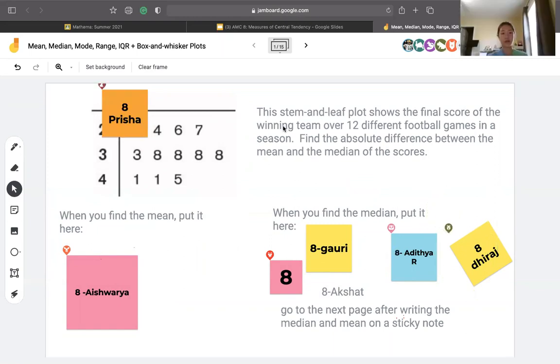You can do a text box if you want to. As long as your answer is on there, it's fine.